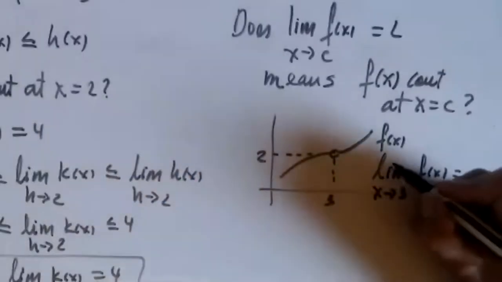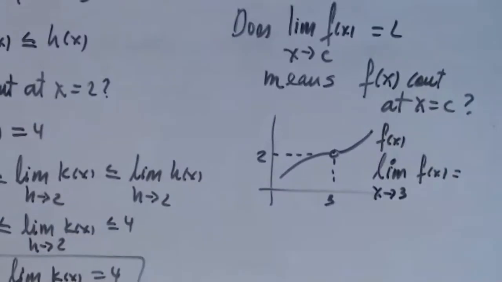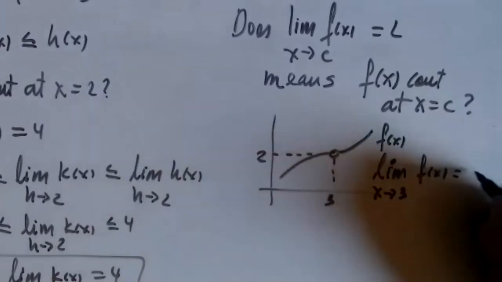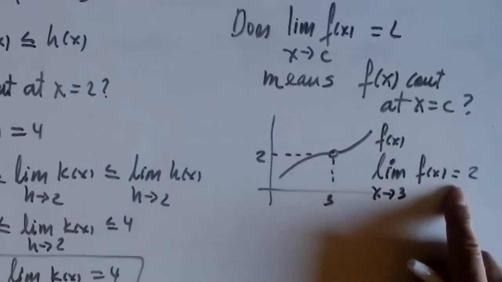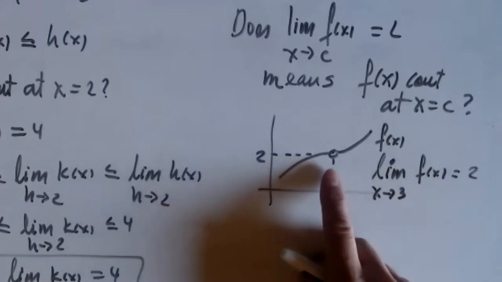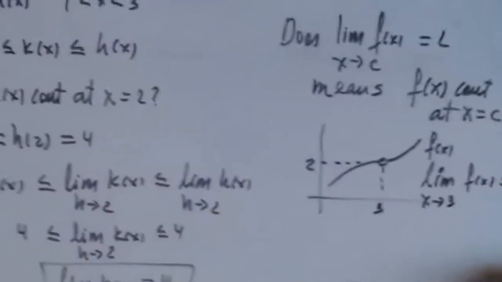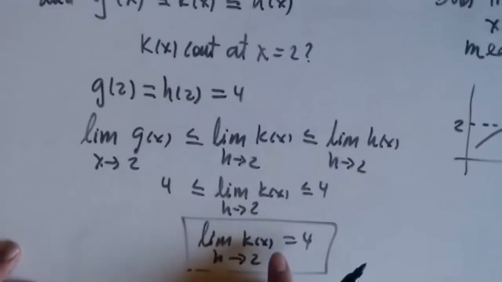A ver, Areli, what is this limit? Dos. Correct. My question is, the limit exists, correct? Is the function continuous? No. No. So the only thing you know is the limit of this function exists, but you don't have any other information about k.